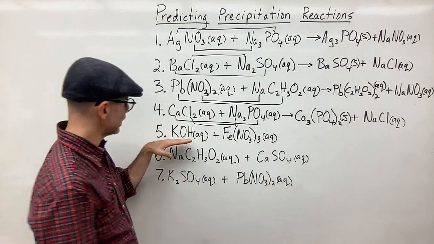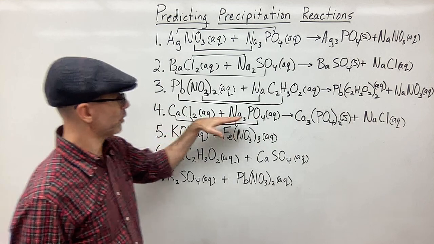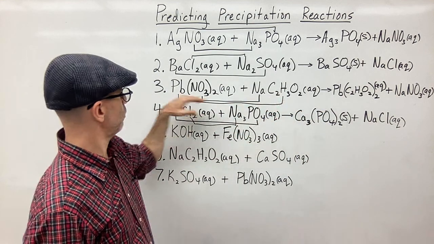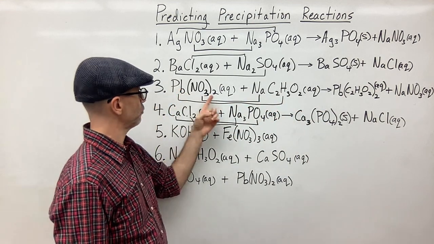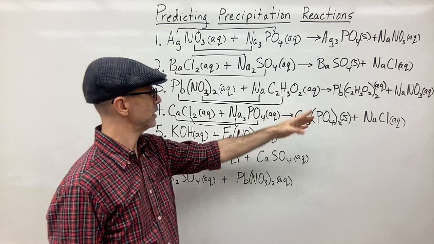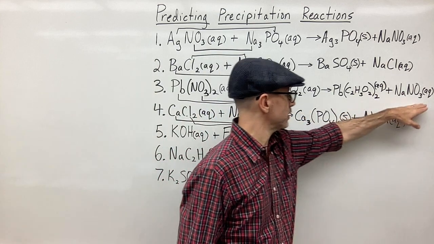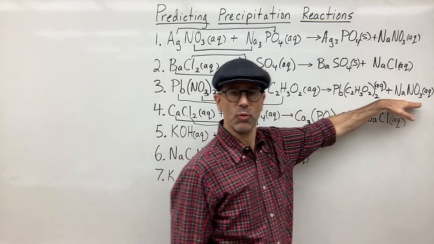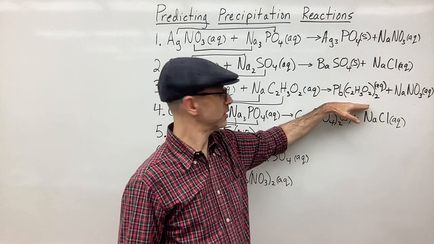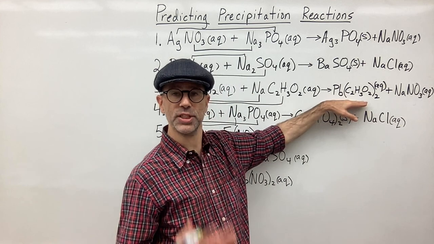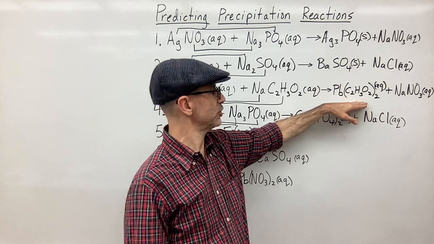Okay, next. So here we have a reaction. Now, one of the things I want to point out, which I forgot to point out in number 3, is that we got aqueous and aqueous, and now we have aqueous and aqueous. So here we don't have any products forming because there's no precipitate, there's no gas, there's no liquid.